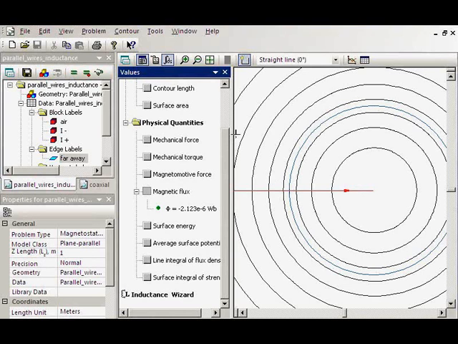To get accurate value of inner inductance, we should take into account the amount of the current that is linked with the inner flux. In fact, this function is already implemented in QuickField.